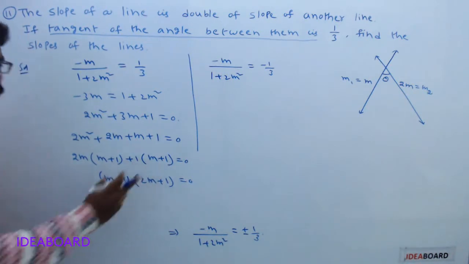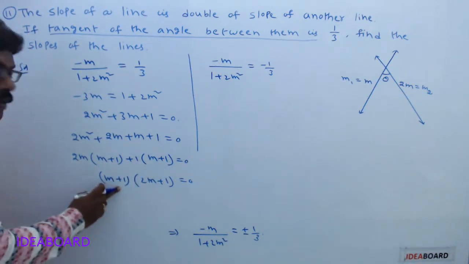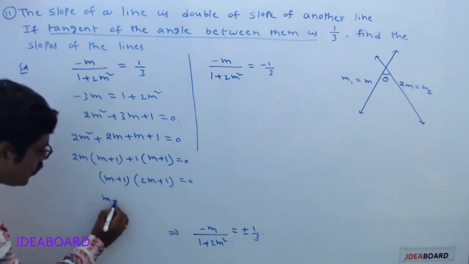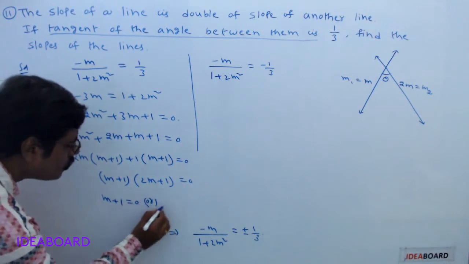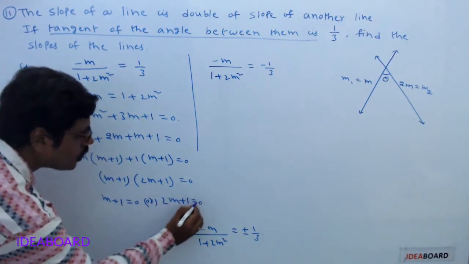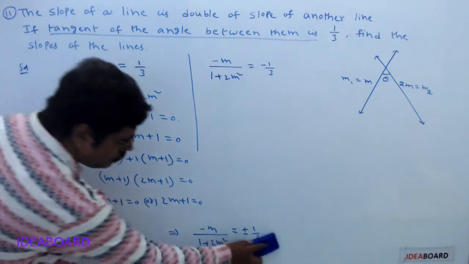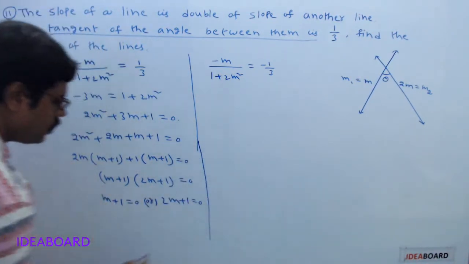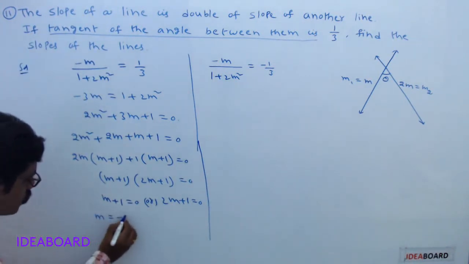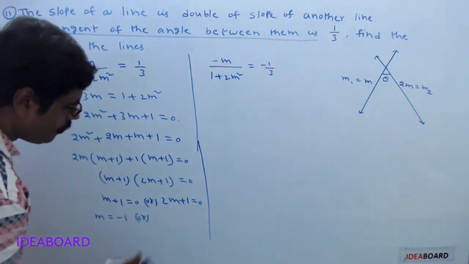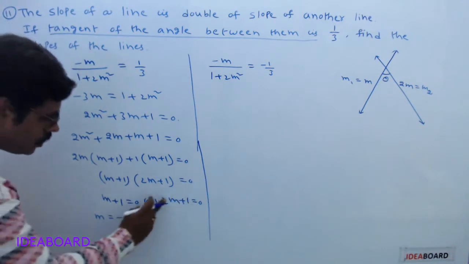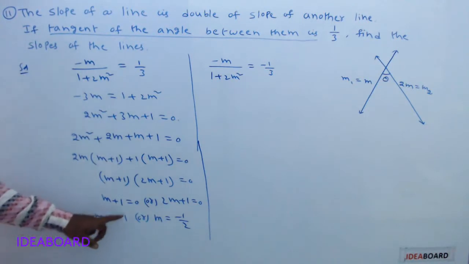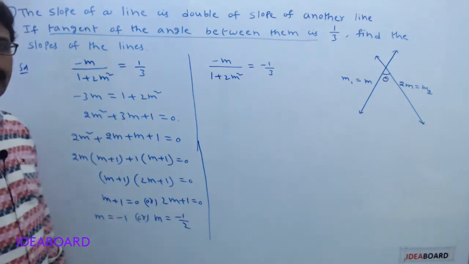Product AB equals 0 means either A equals 0 or B equals 0. So from this m plus 1 equals 0 or 2m plus 1 equals 0. Now from this m equals minus 1 or 2m equals minus 1, m value is minus half. So m value is minus 1 or minus half.